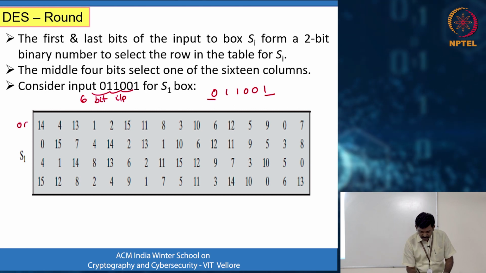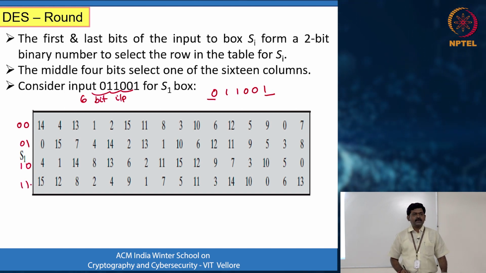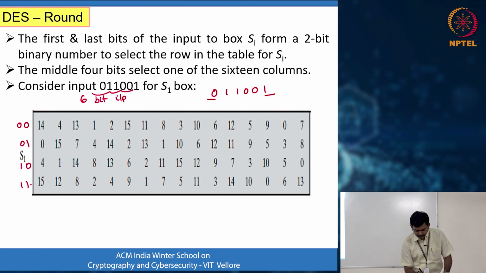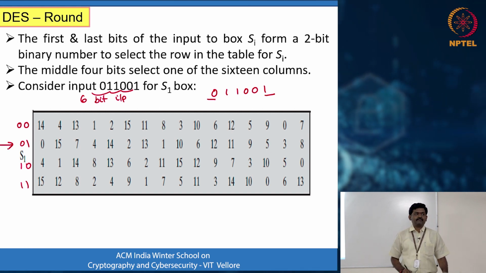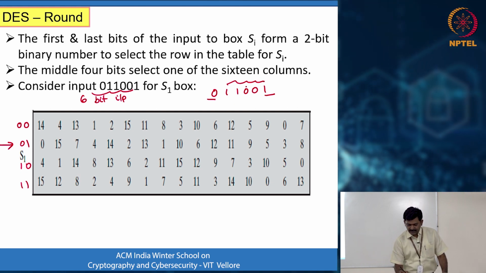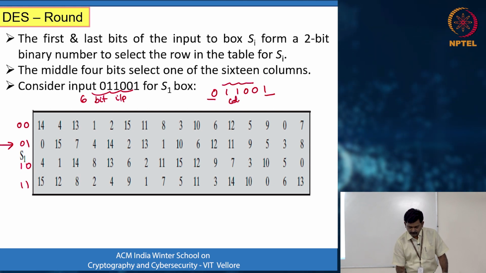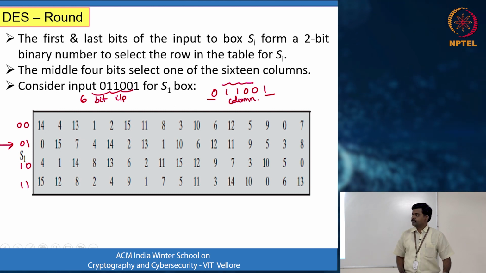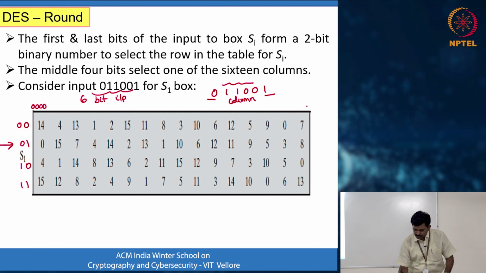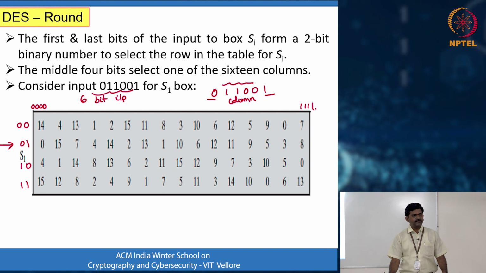The left and rightmost bits indicate 0, 1. The middle bits indicate the column.